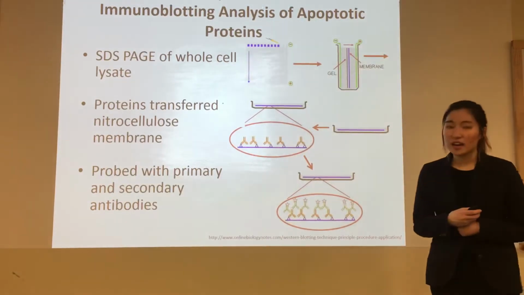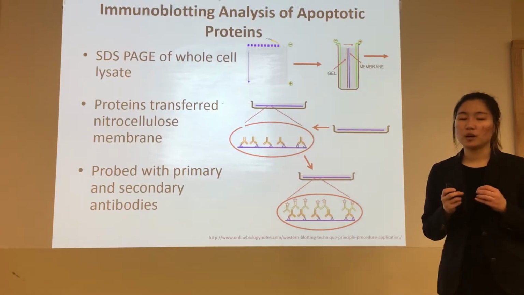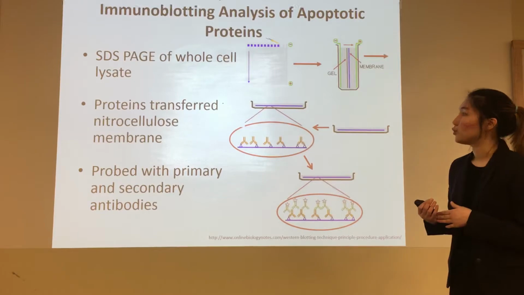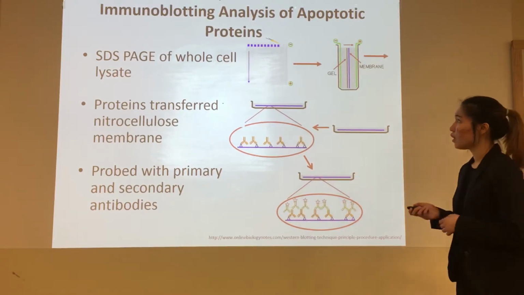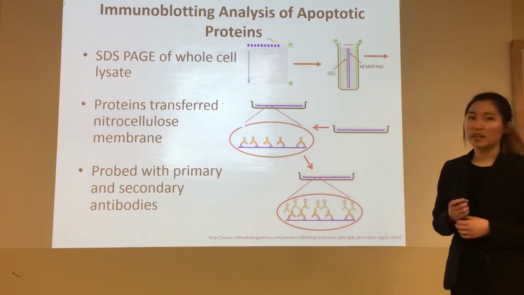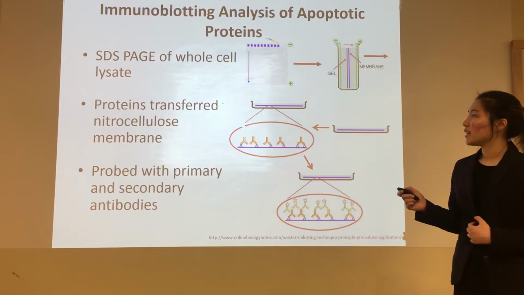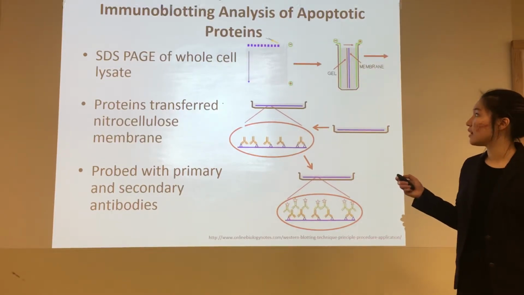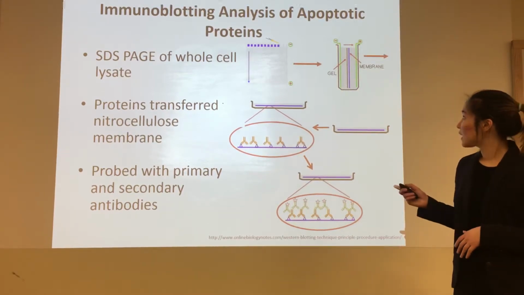Next, they wanted to analyze whether apoptosis is a mechanism that Vorinostat used to radiosensitize the pancreatic cancer cells. To do this, they used immunoblotting analysis. To do immunoblotting analysis, they had to use SDS-PAGE of the whole cell lysate to separate all the proteins within the cell.